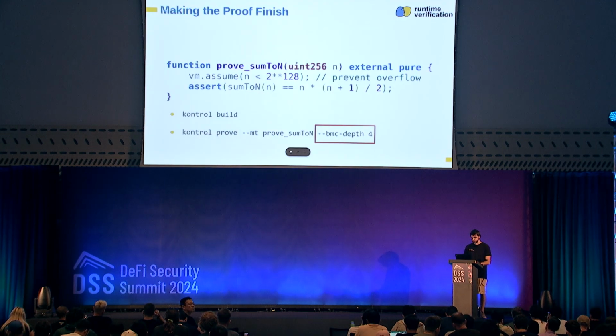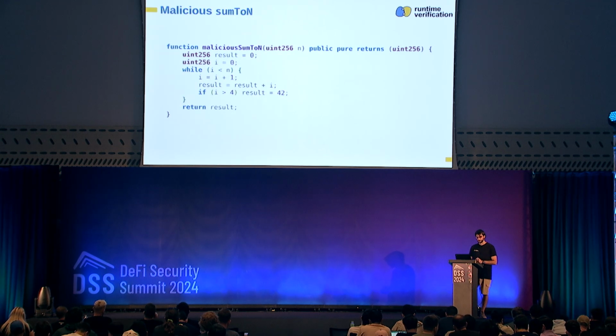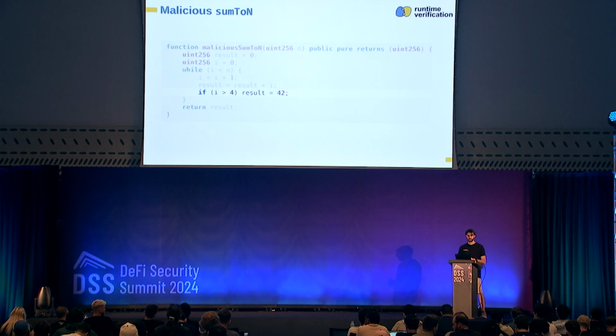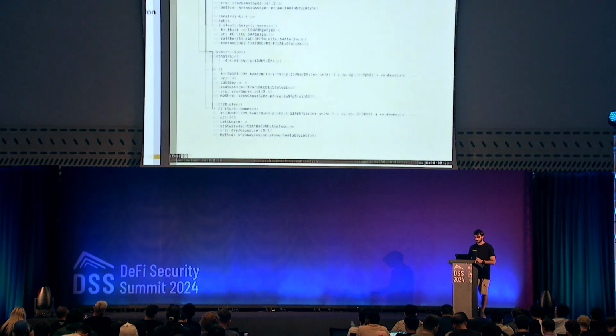And so that's fine. But for instance, what happens if we have, say, a malicious sum to n? And by malicious, I mean, what if we are executing the loop, but it says, if i is greater than 4, I'm just going to give you an incorrect result, right? Well, what happens here is basically the same.